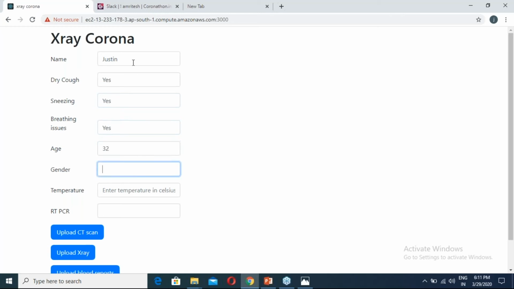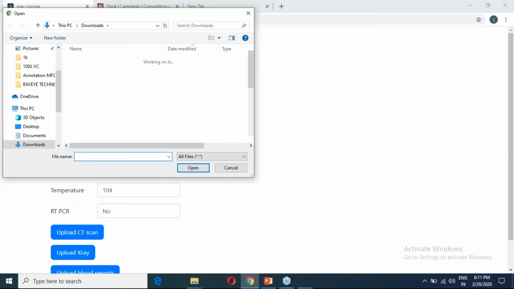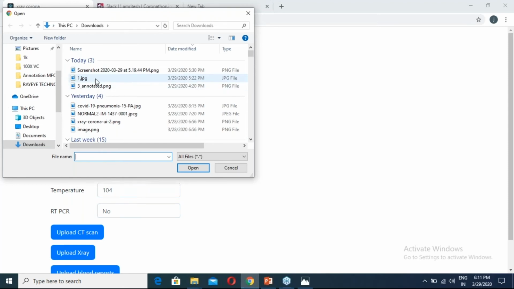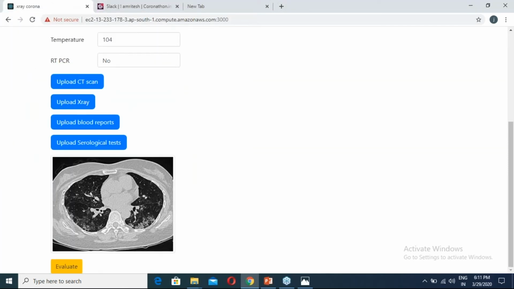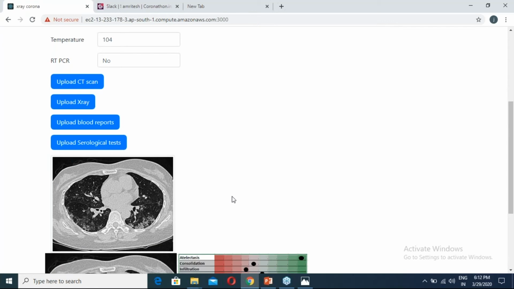I can enter other important indicators like my age group, temperature and gender, whether I have already gone through this, and then I can upload the CT scan images. Optionally, you can also upload some blood reports and serological reports, and then click on evaluate.